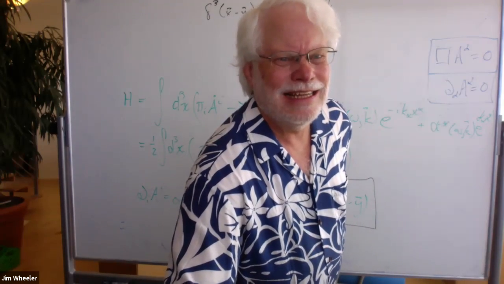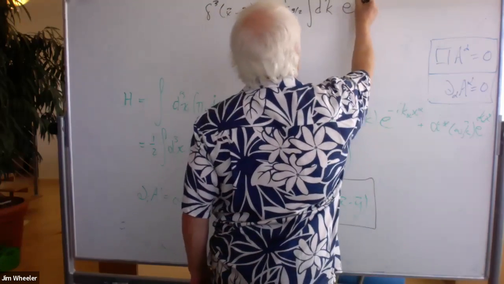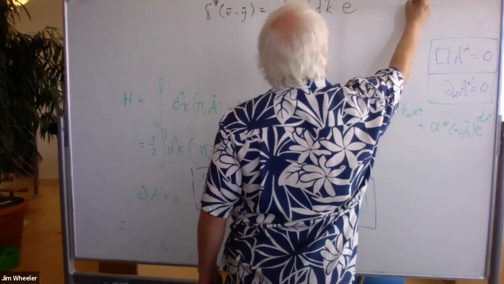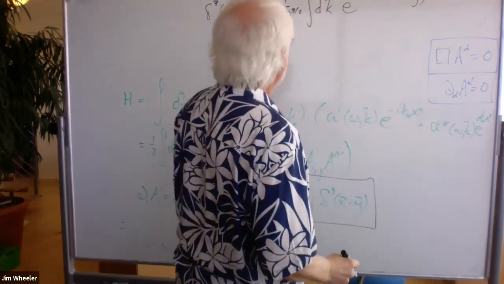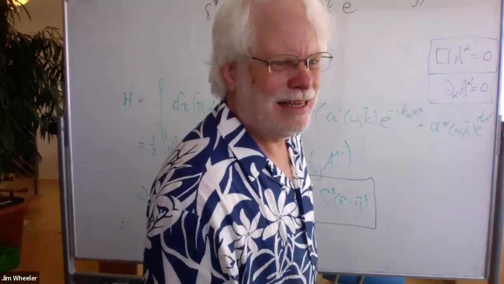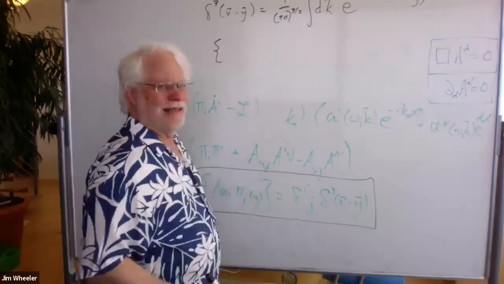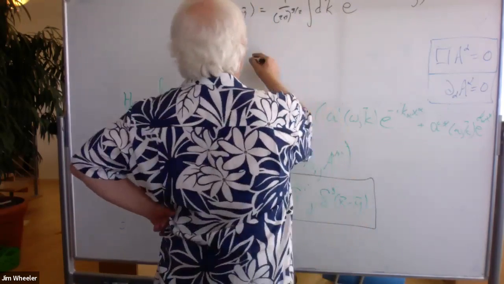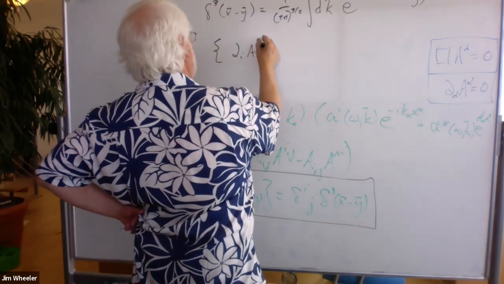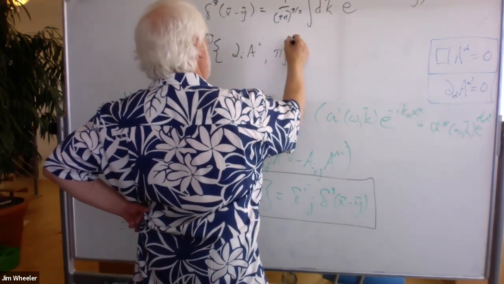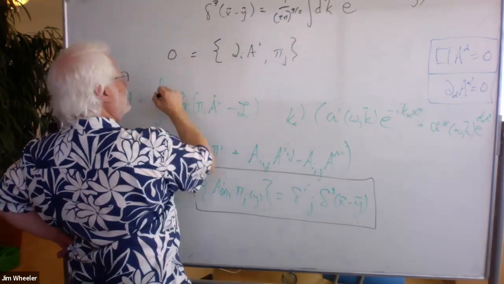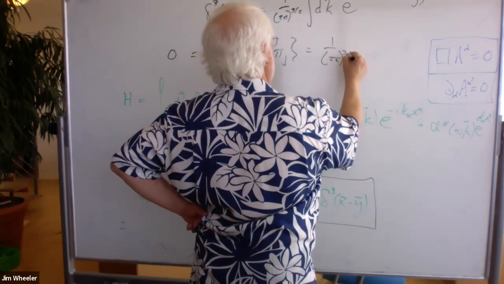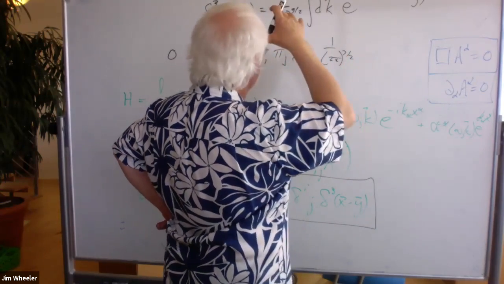Times e to the minus i k dot (x minus y). So writing our delta function that way, the Poisson bracket, or the gauge condition, d_i with pi_j, right? You know, this had better be 0, but here we're just going to pull down a k.